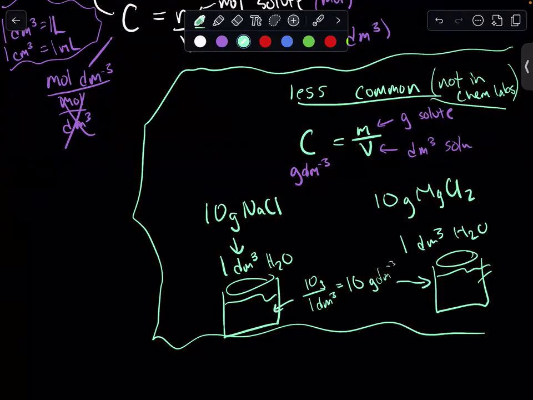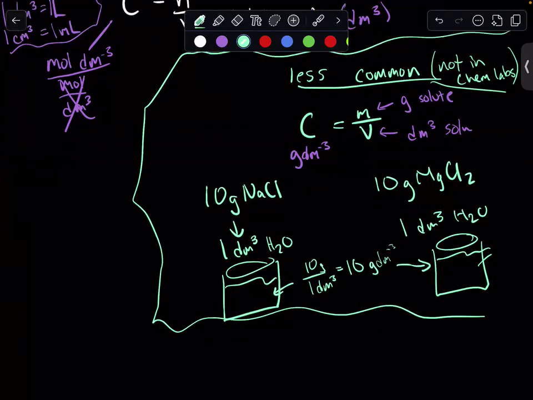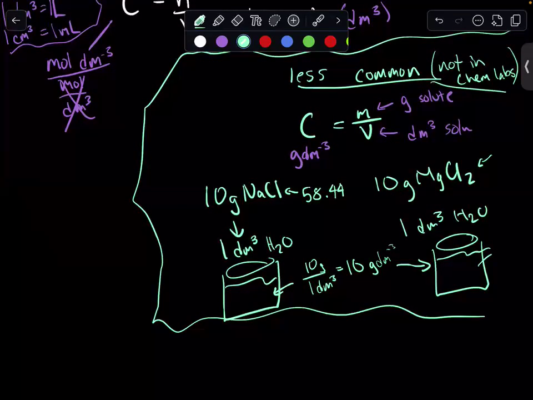You would say these are equally concentrated. But here's the kicker. Sodium chloride has a much lower molar mass. This is about 58.44, while this one is about 100 grams per mole. I don't have that exactly.